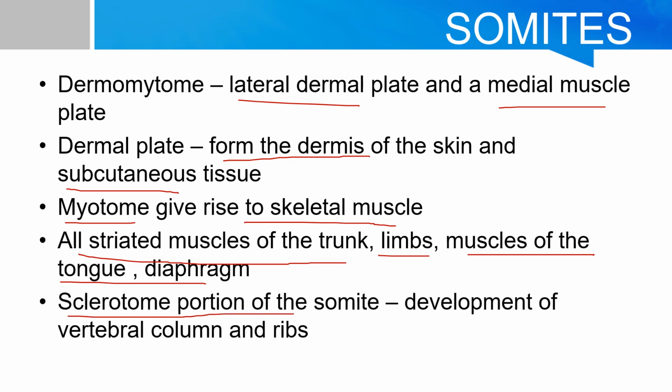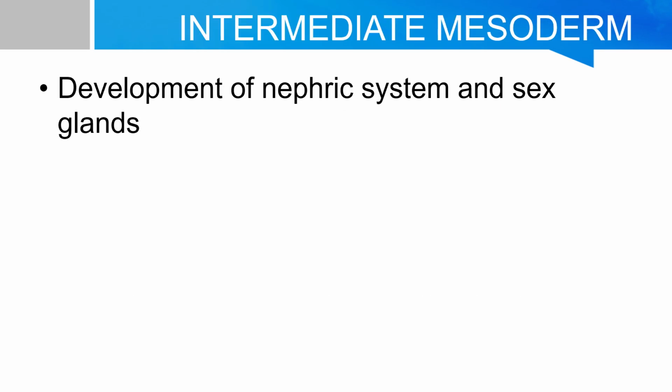The sclerotome portion of the somite gives rise to the development of the vertebral column and the ribs. So we have completed the somite formation in detail, including the derivatives.